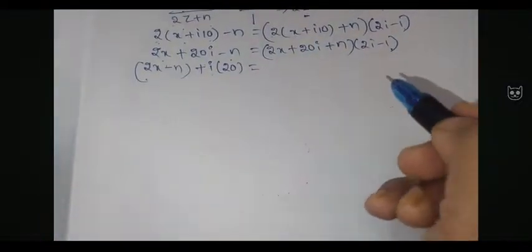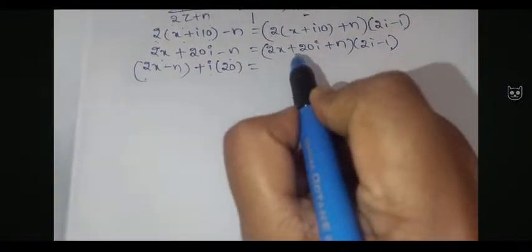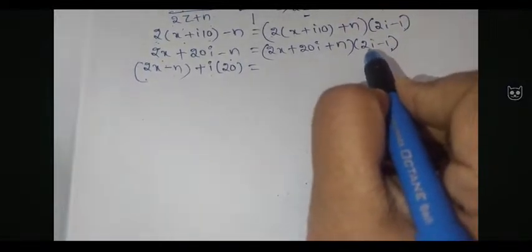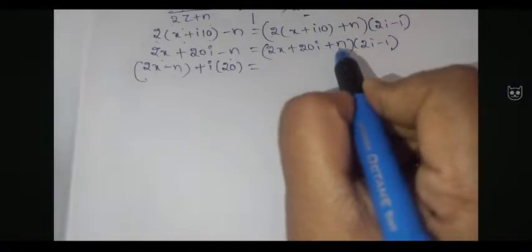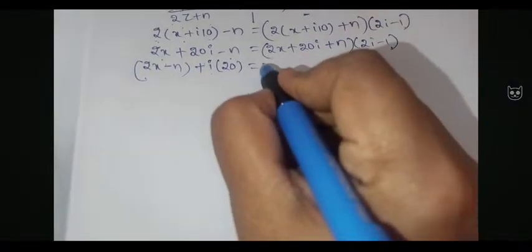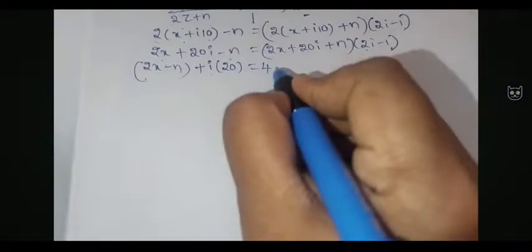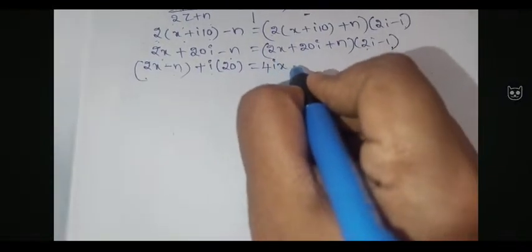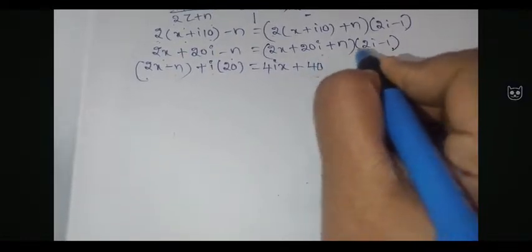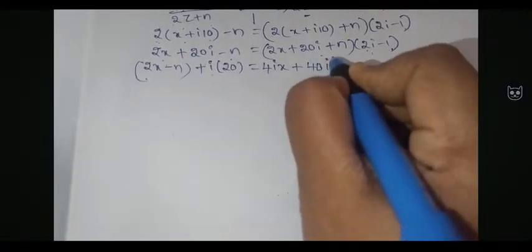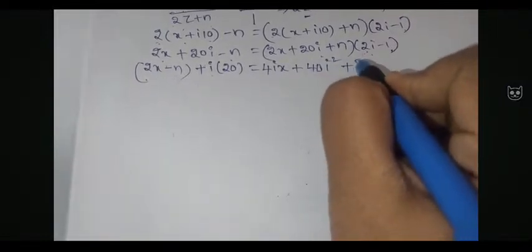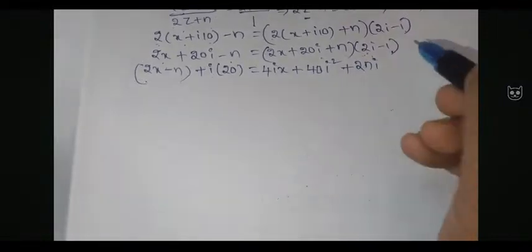Now we completely multiply with this 2i and minus 1. First I want to multiply the 2i to the entire expression: 2 into 2 is 4, ix, plus 2 into 20, 40, i into i, 40i squared, plus 2 into n, 2ni.